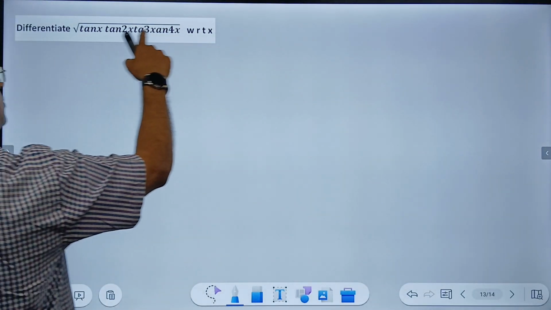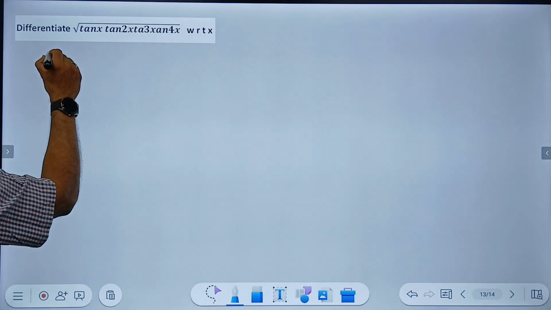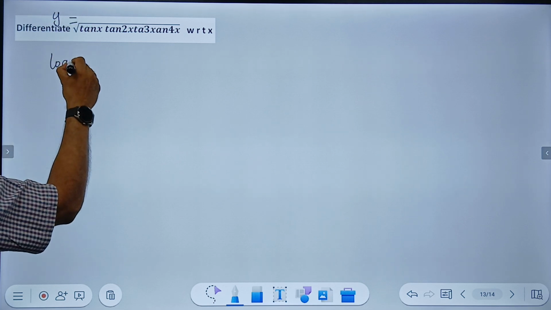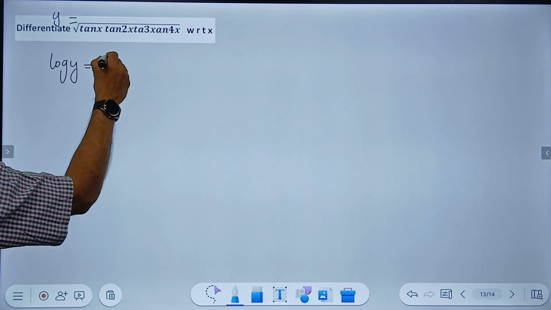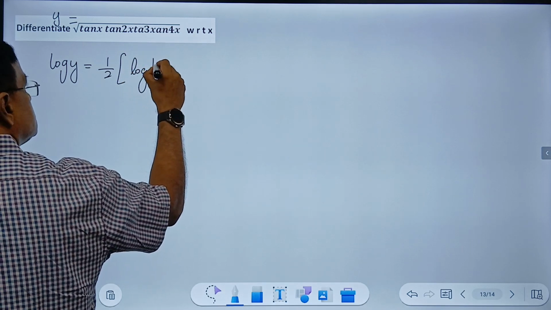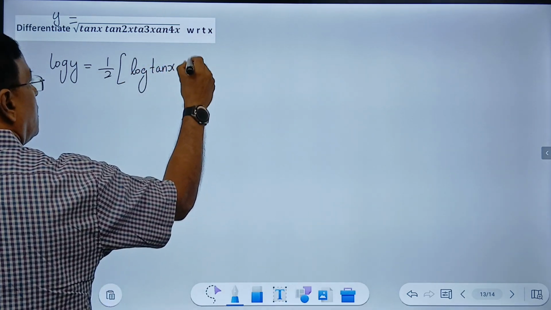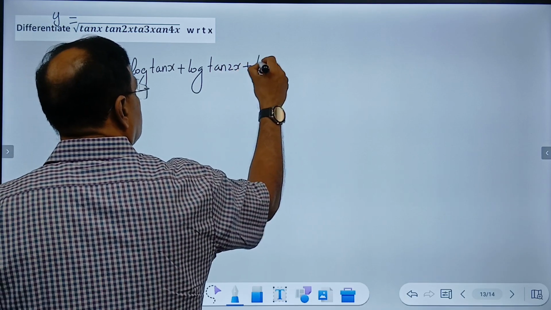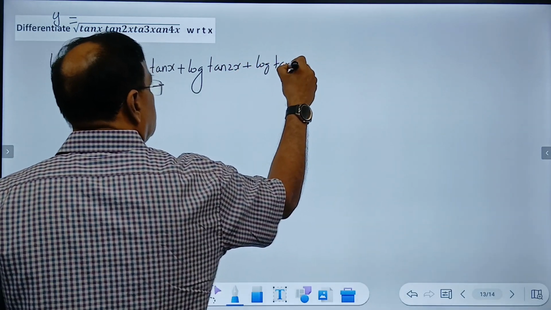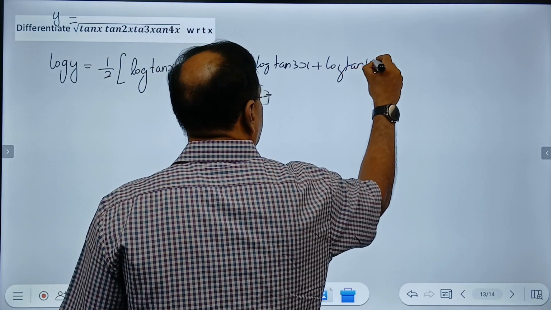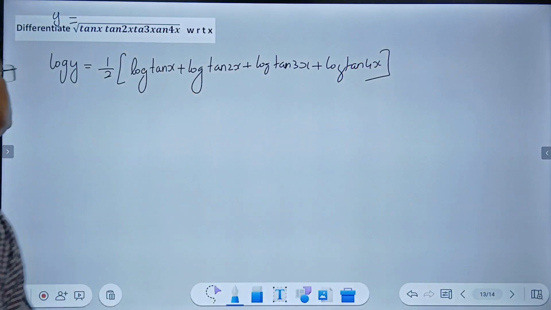Again, this is multiples of functions. So what I should do, I will take log y. First we call it as y equal to, log y equal to half of log tan x plus log of tan 2x plus log of tan 3x plus log of tan 4x. Now differentiate.